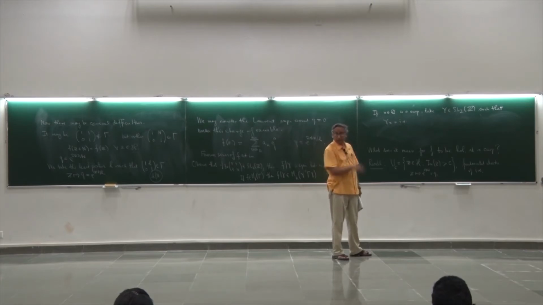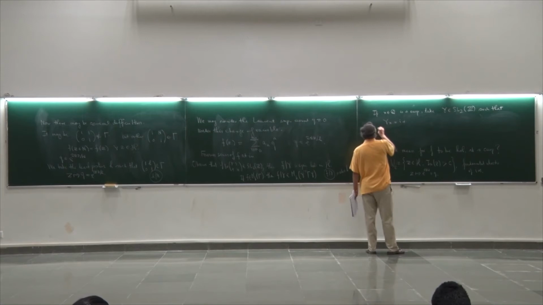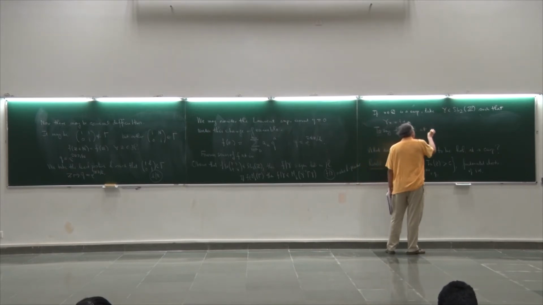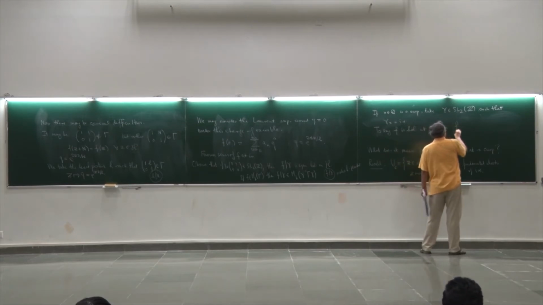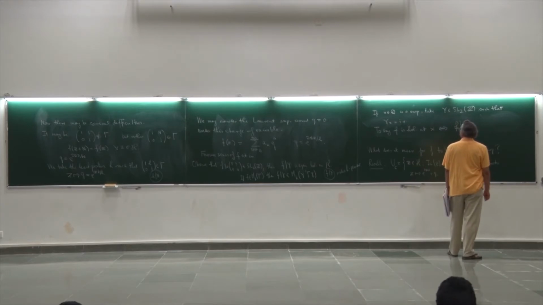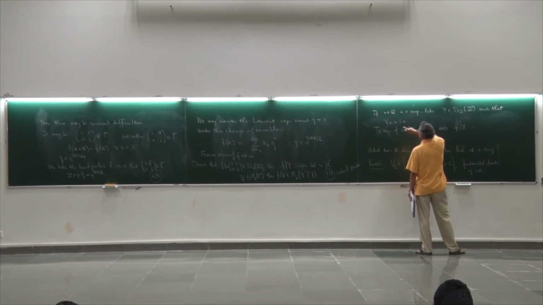So we take an SL2Z transformation that sends x to infinity, and then to say that f is holomorphic at x is equivalent to saying that f slash gamma is holomorphic at infinity.